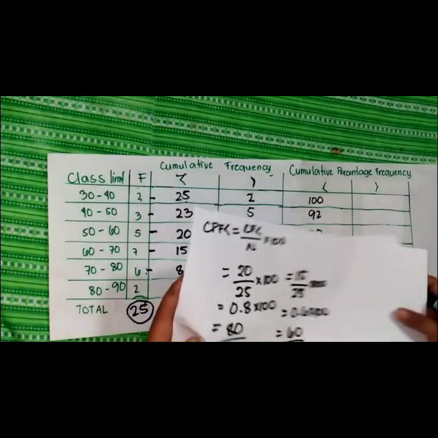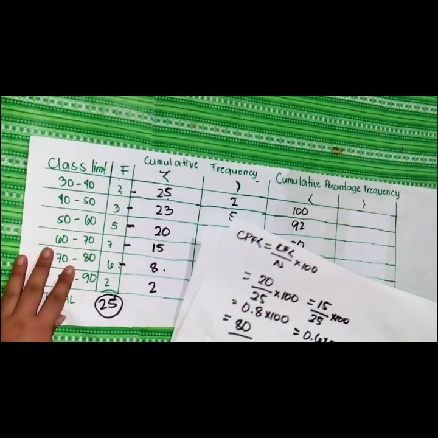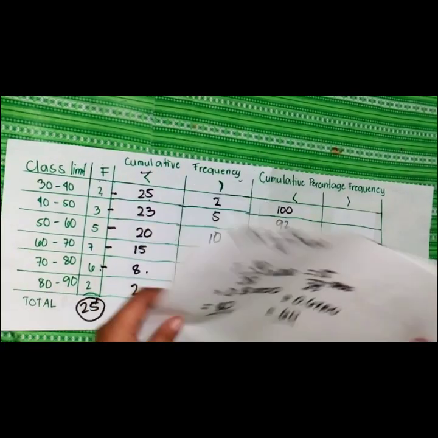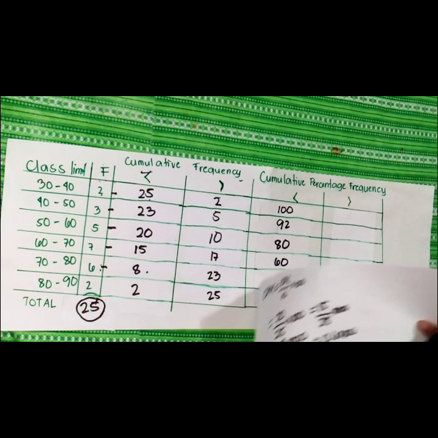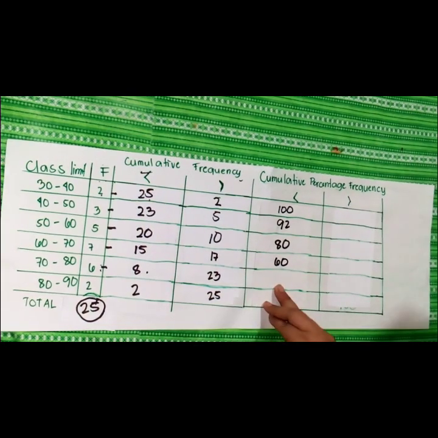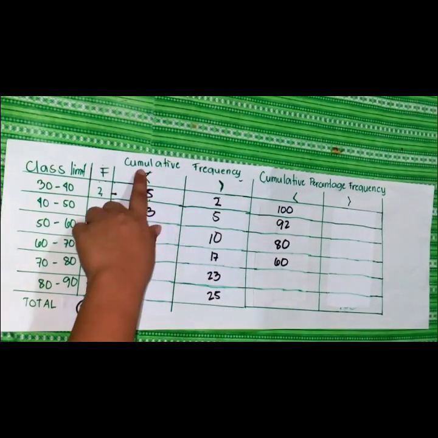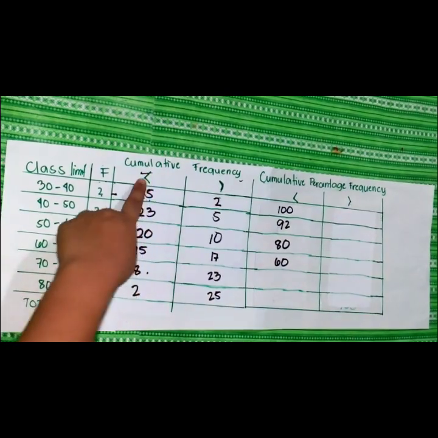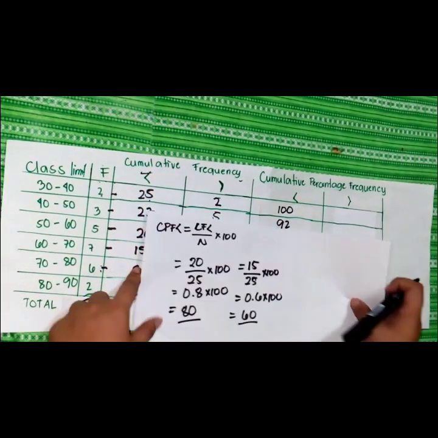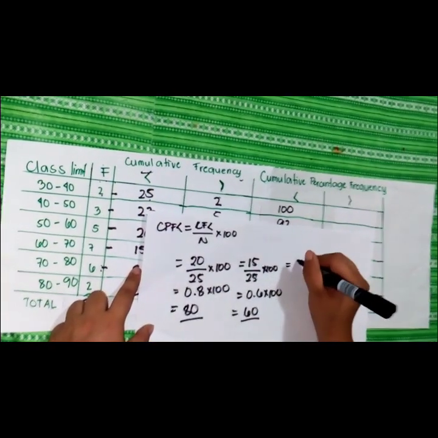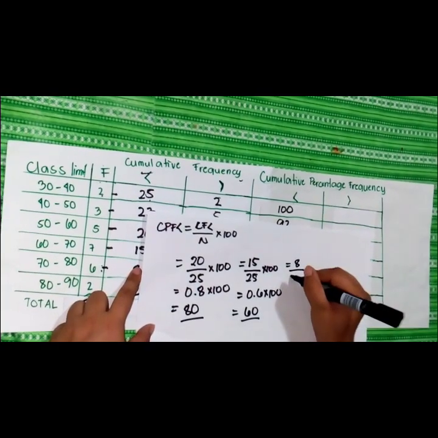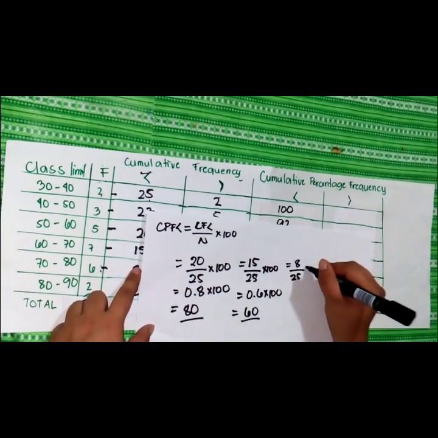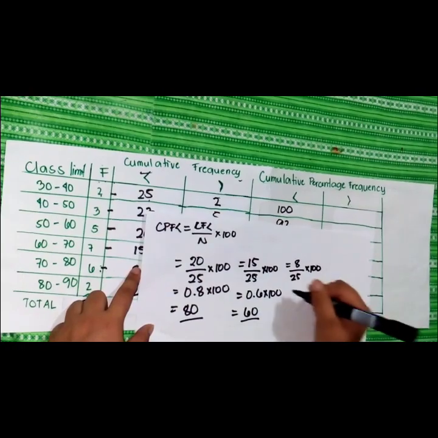Another example, in our fifth row. So in our cumulative frequency lesser than, we have a number of 8. So we will write 8 here. And we have a number of cases, 25 again, and times 100.